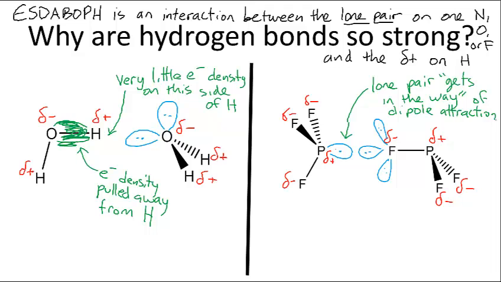What questions do you have about that? Yep. So the question is, why do they call them hydrogen bonds if they're not bonds? Well, again, there's sort of an arbitrary distinction between a bond and not a bond.